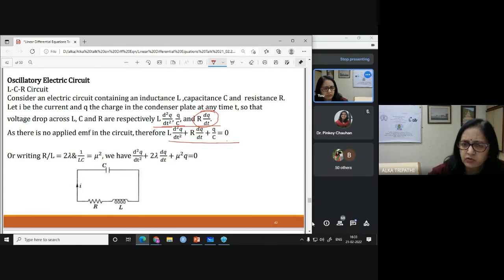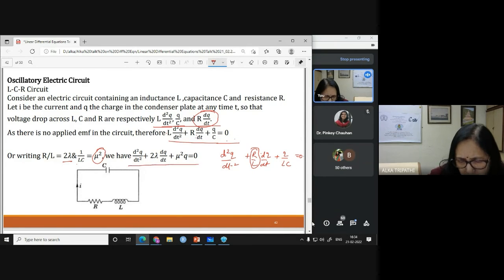Dividing the whole equation by L, you will have the standard form d2q by dt square plus R by L dq by dt plus q by LC equal to 0. Considering R by L as 2 lambda and 1 by LC as mu square, you have the standard equation of this form.